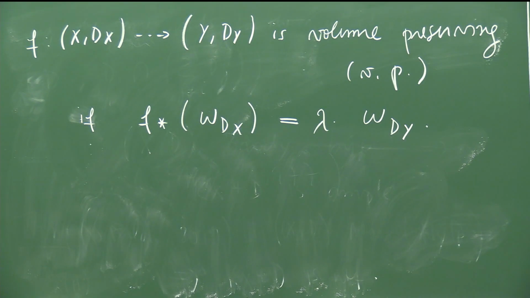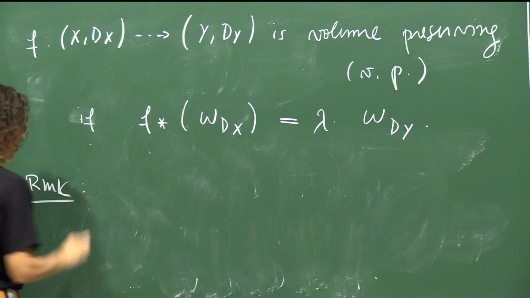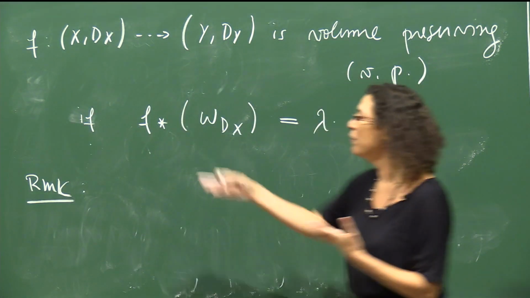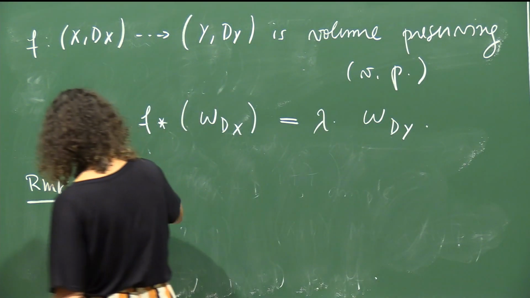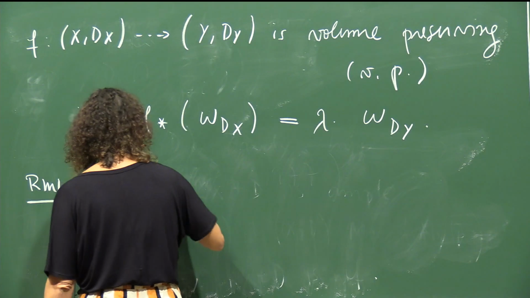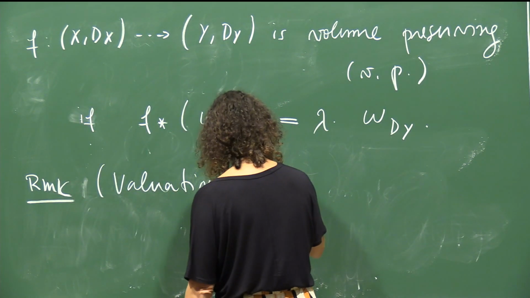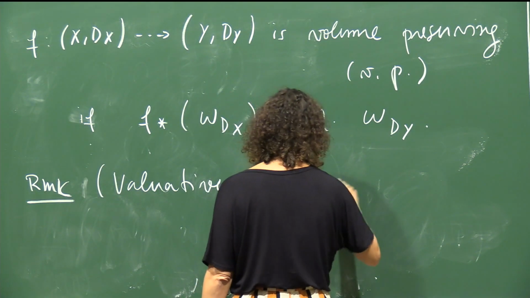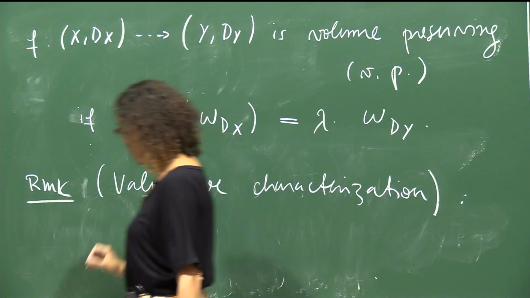And let me just give you one remark to say that there is a good reason to consider this. These types of maps are very easy to study with the tools from the minimal model program in birational geometry. There is a nice valuative characterization of this notion, which can be stated as follows.